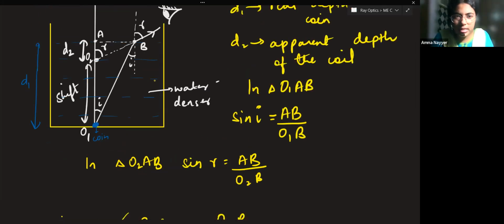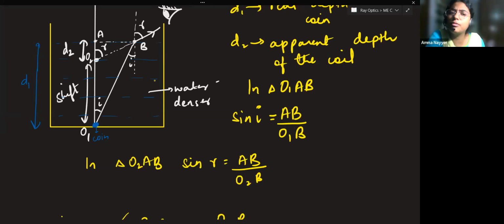See, this point A and this point B, I have drawn it very broadly, but in reality, these two rays are not very far apart. Point A and point B are very close to each other. If point A and point B are very close to each other, it means the distance will also be the same.